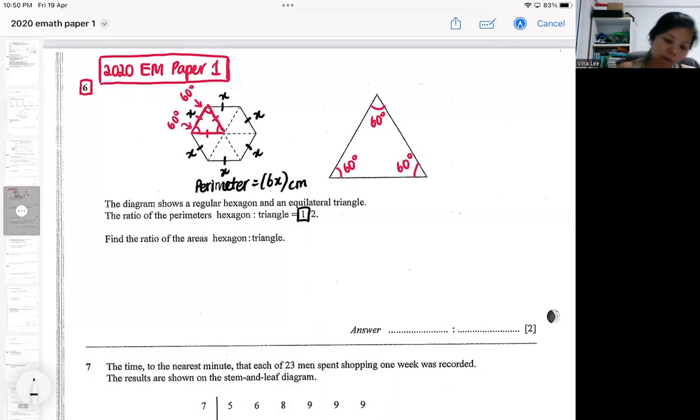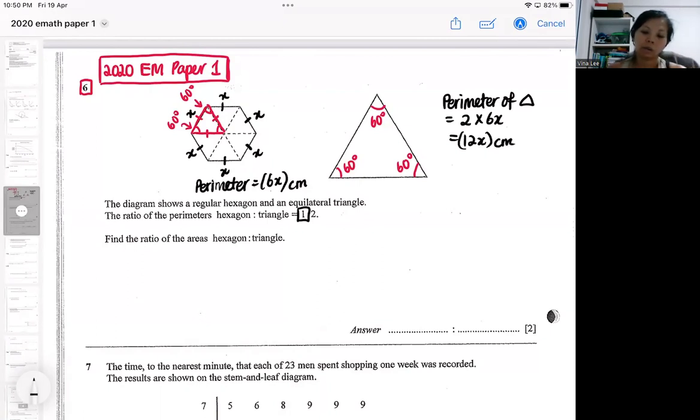That means 6x is 1 unit. From here, you can use the ratio to deduce the perimeter of the equilateral triangle. So that will be 2 times 6x, which is 12x. So that's how I make use of the ratio.